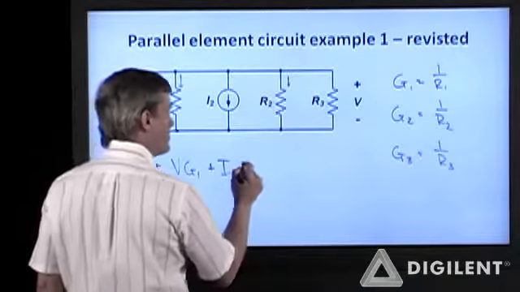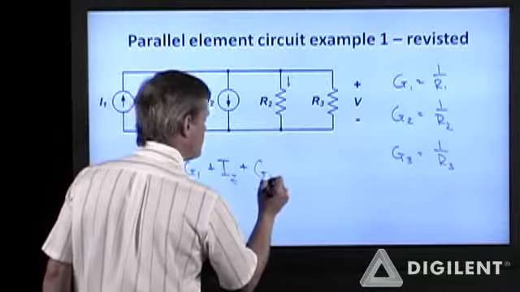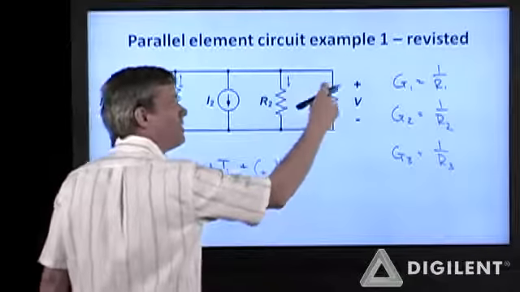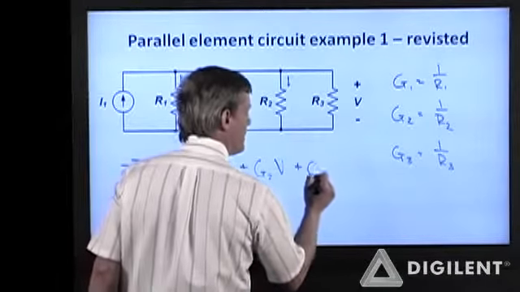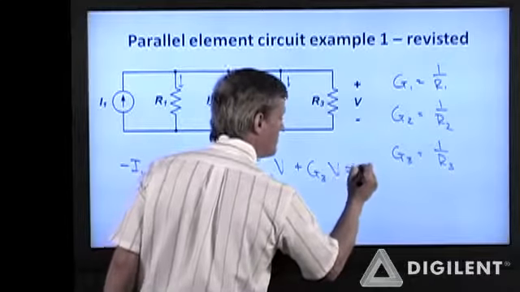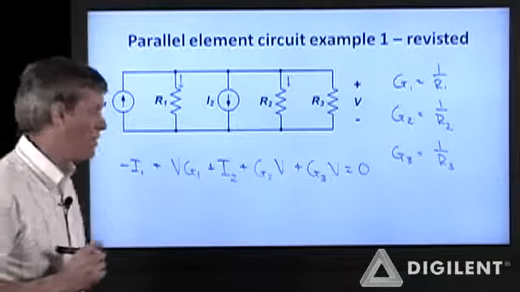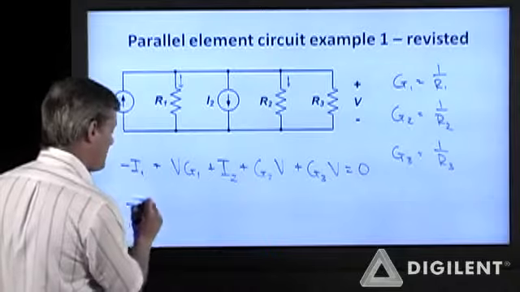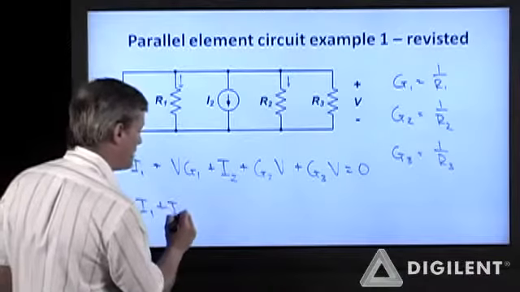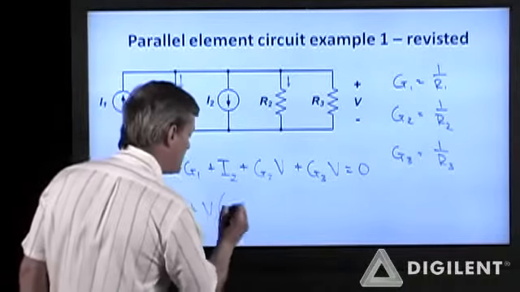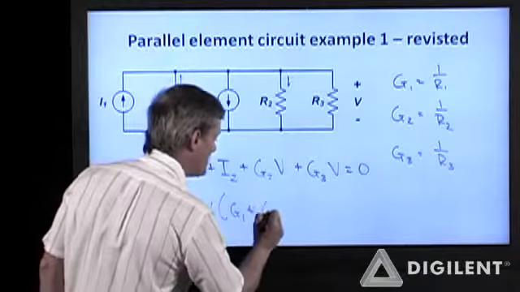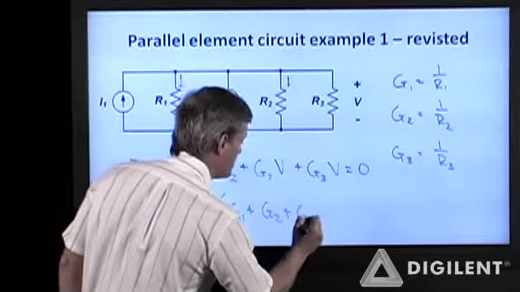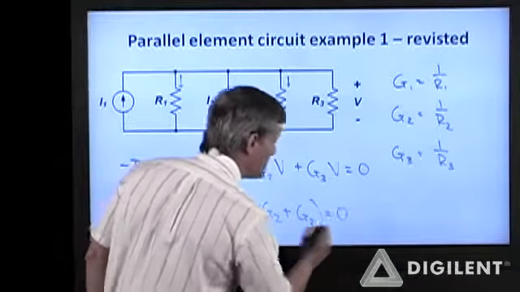The current going through here is G2 times V. The current going through R3 is G3 times V. That sums to 0. So now we have negative I1 plus I2 plus V times G1 plus G2 plus G3 is equal to 0.